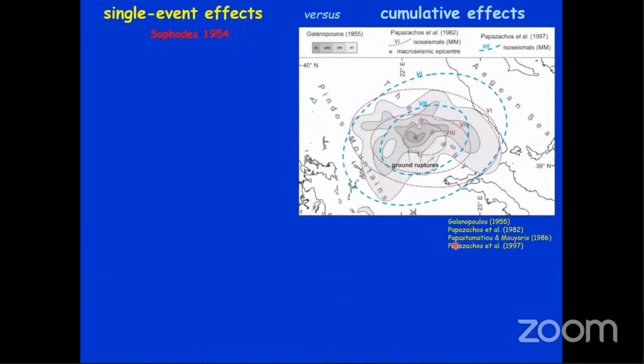Next, I'm going quickly, we go back in time, 1954. You see, the macroseismic field here is a little bit more debated. It's not so clear, not unique, but also in this case we can get some information about the dimension of the fault and the macroseismic epicenter.